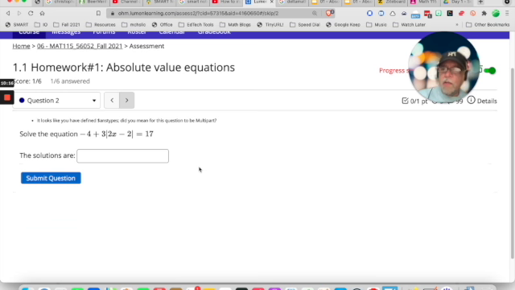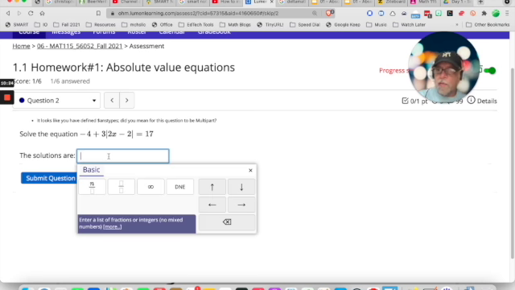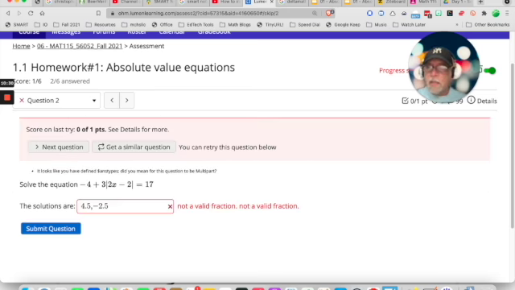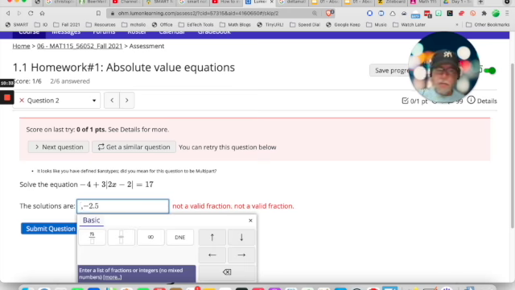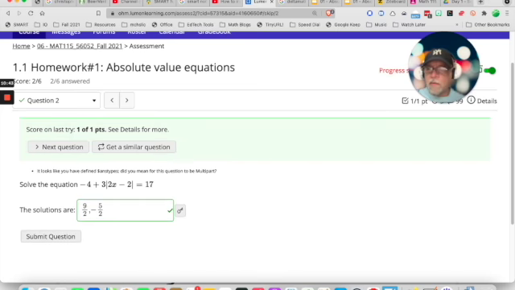All right, for this one, what did we get? We got 4.5 and negative 2.5. I'm hoping it'll take it. Let's see. 4.5 comma negative 2.5, and it wants fractions again. So this is 9 over 2 and negative 5 over 2. So we're going to give it fractions.